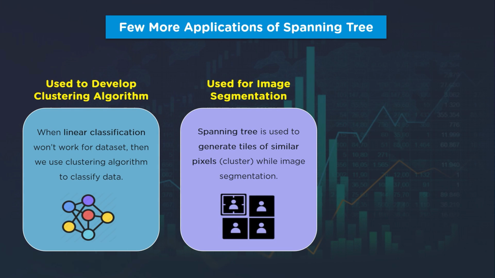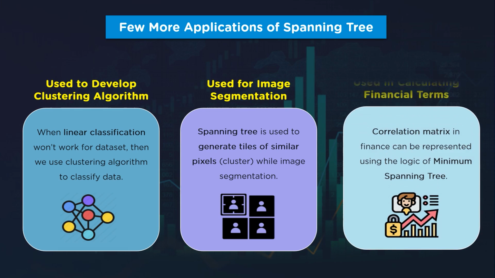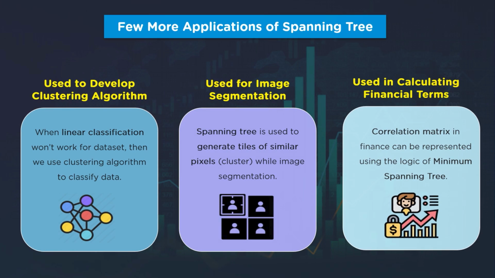You must have observed that your face gets detected with the square shape while clicking images in selfie mode. This scenario is happening due to the image detection algorithm developed in the camera system. At the back end, the picture gets fragmented into tiles of similar pixels with the help of a minimum spanning tree. The last application of the spanning tree is its use in calculating the finance factors.